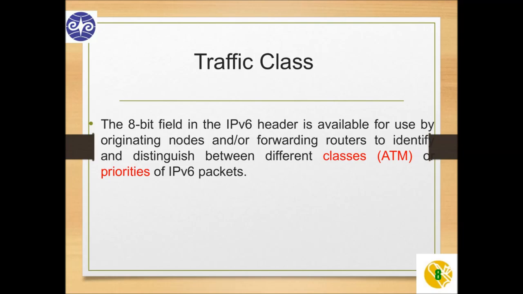The concept of ATM classes was on the basis of users' requirements, bandwidth will be allocated to users. So there were 4 different classes, and on the basis of priority we allocate bandwidth to users.